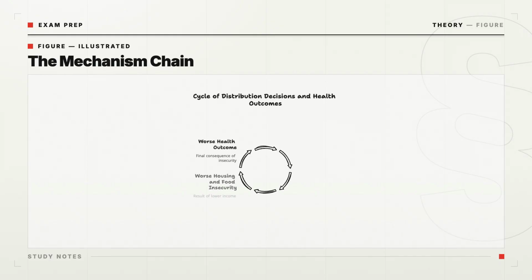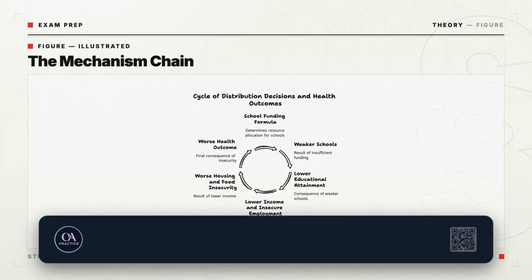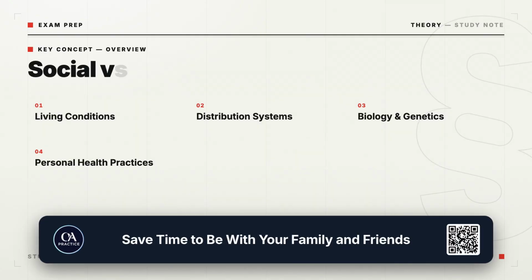The mechanism runs in traceable steps. A school funding formula tied to property values produces weaker schools. Weaker schools produce lower attainment. Lower attainment produces less secure income, and that produces worse housing and thinner access to care. What looks like an individual result is really the accumulated product of a distribution decision made years earlier.